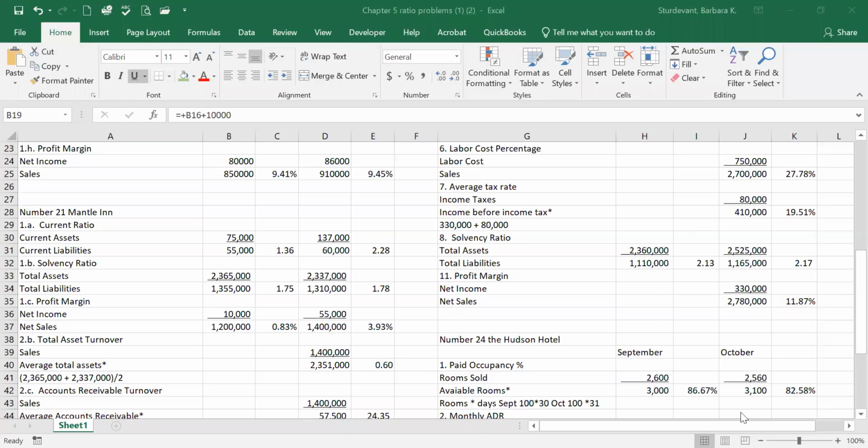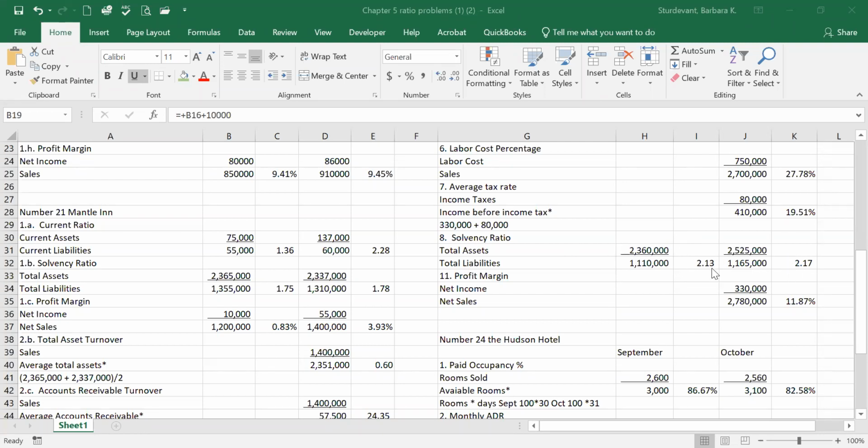Okay. All right, solvency ratio, assets to liabilities. You could do those for both years. So basically, if I look at my assets, my liabilities were about half of financing those assets.